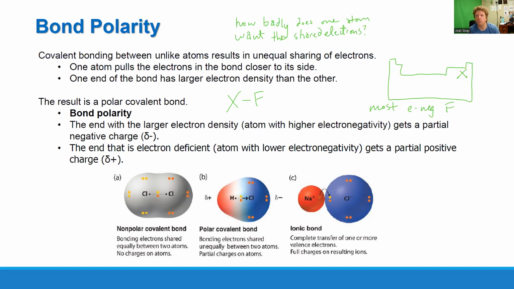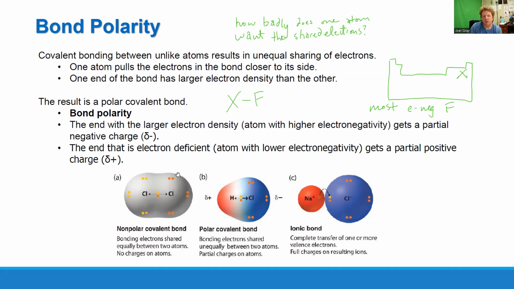There's no strong pull, because each atom in that bond wants those electrons equally, so they basically cancel one another out. There are covalent bonds where electrons are being shared, but one of those elements wants those electrons more. And then there's an ionic bond where one atom wants those electrons so much more than the other that the other just says, fine, you can have them.